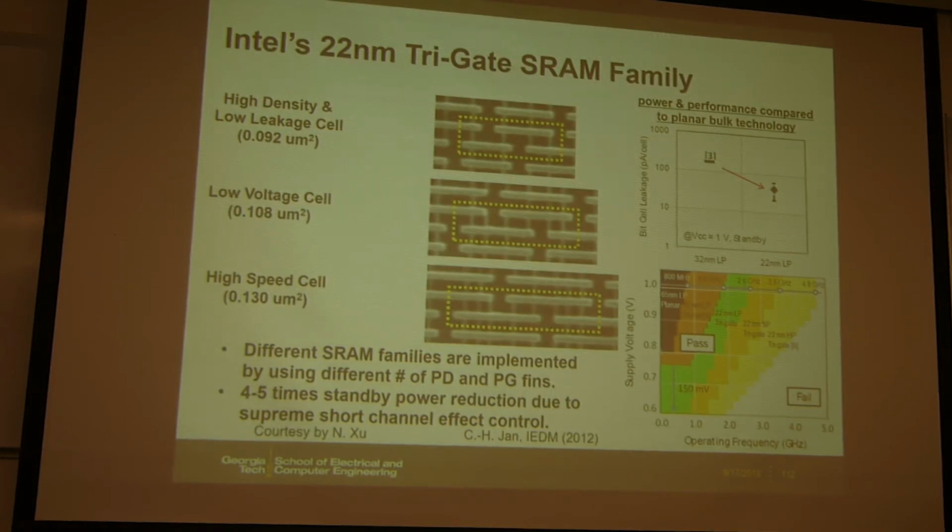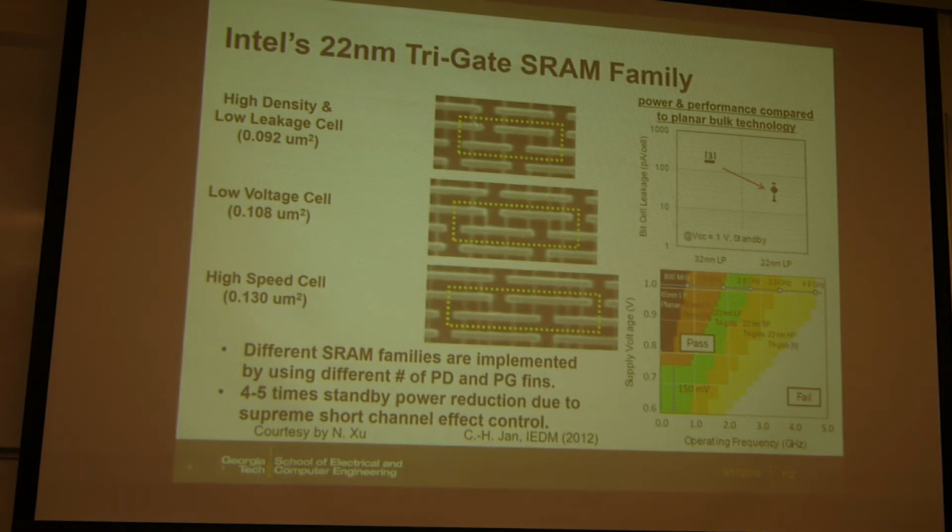And here are some interesting photos from the Intel 22nm tri-gate SRAM family. Because as we discussed, for the SRAM cell, you may have different applications like L1, L2, L3 cache. So you may size the SRAM differently in terms of the pull down to pass gate to pull up ratios. Here, Intel offers 3 kinds of SRAM cell at 22nm.